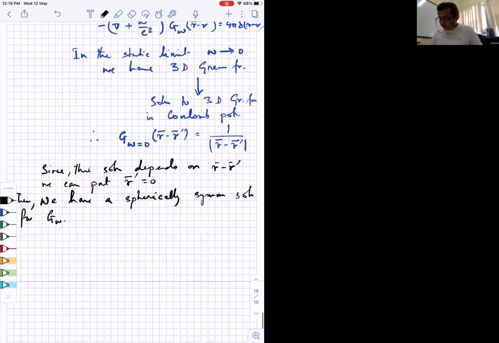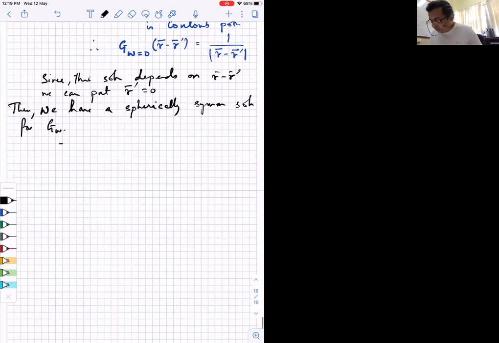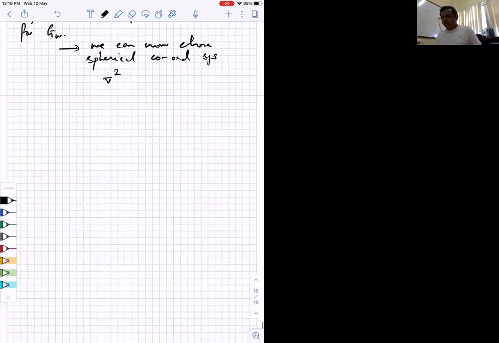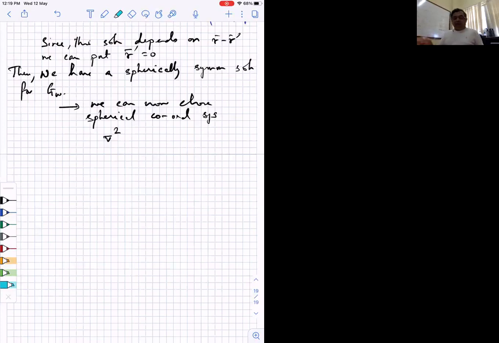So we can now choose the spherical coordinate system, and in the spherical coordinate system, this grad squared is basically 1 by r squared d/dr of r squared d/dr.